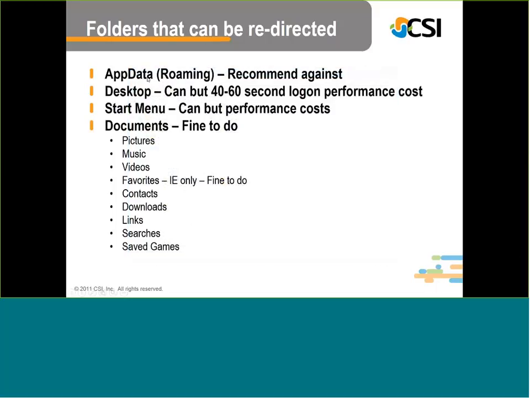AppData. A lot of good stuff is under AppData. As I said, with roaming profiles, a lot of the personality stuff is under AppData. However, AppData in terms of folder redirection is kind of scary, because if a person is signed on more than once, they're co-mingling this folder, and bad things can happen and corruption can happen.